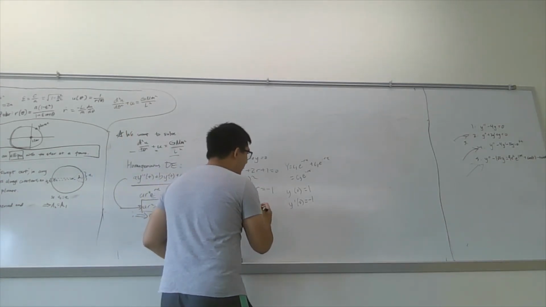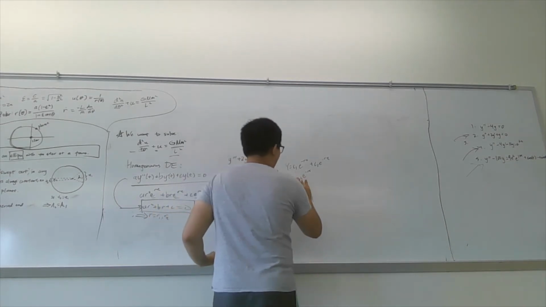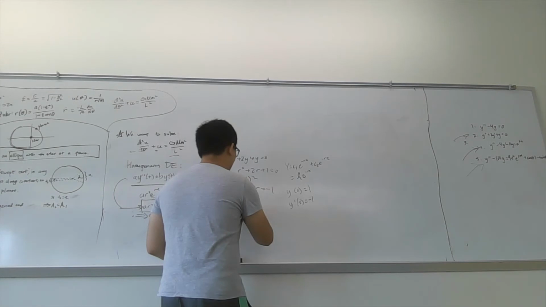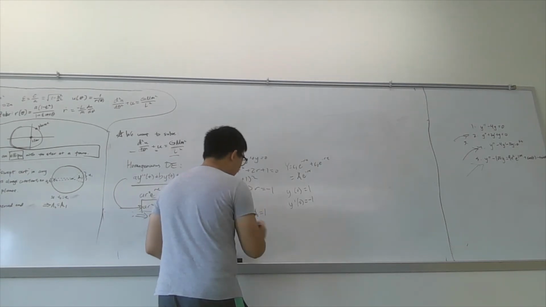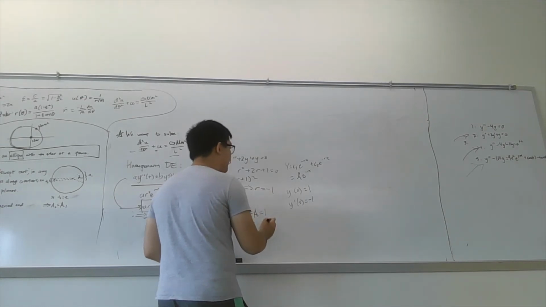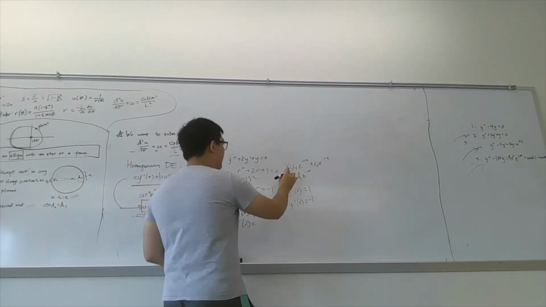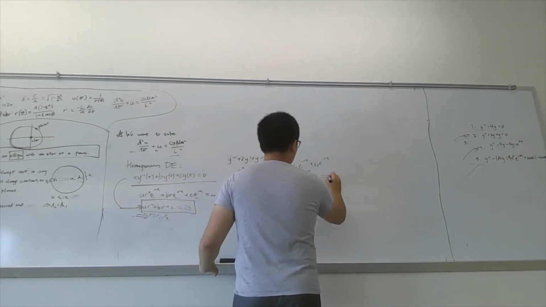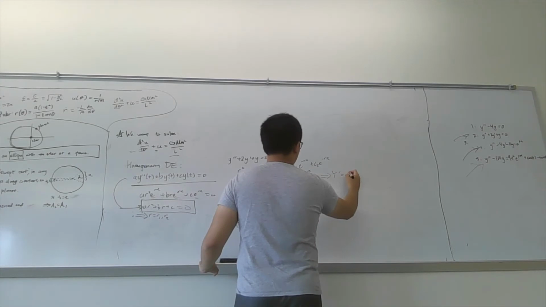So then what you get, I'll just replace this C with an A. I think it will look better. So y at 0 goes to A, which equals 1. Similarly, the derivative of this general solution is just negative.